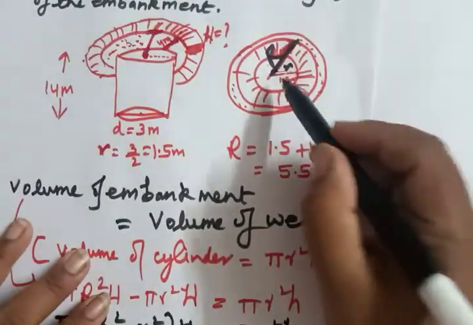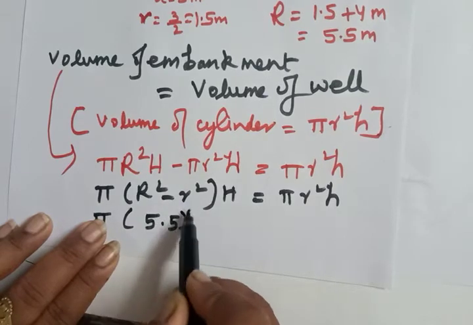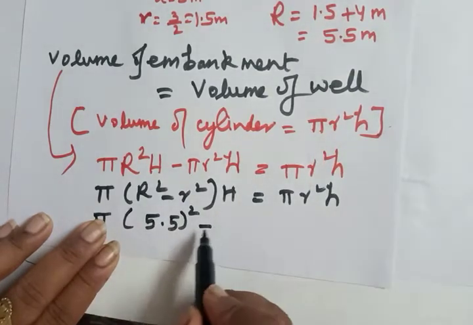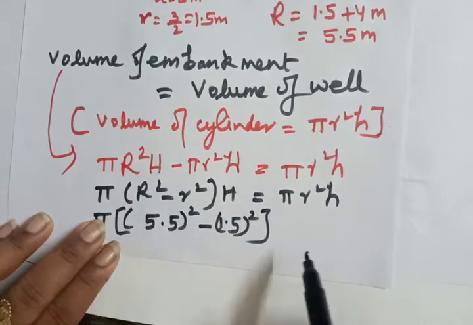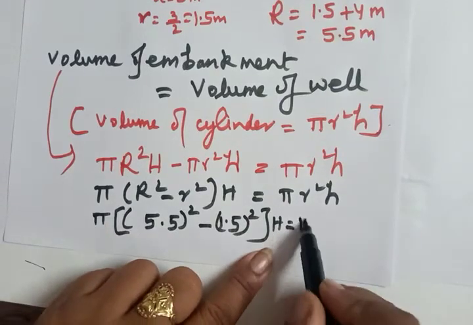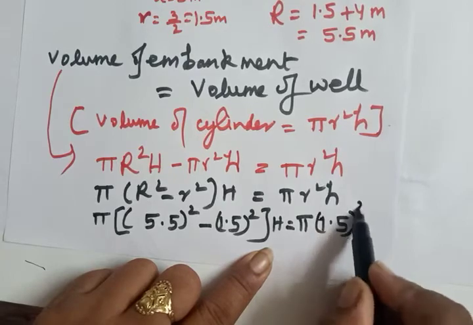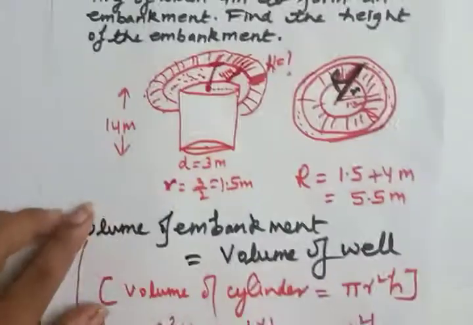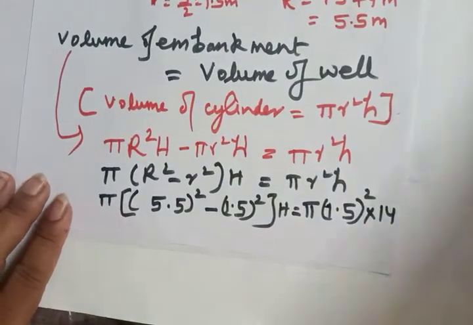So capital R is 5.5 square minus small r is 1.5 square, capital H is equal to pi and small r is again 1.5 square into h. What is the h? H is given to us, 40. Now we need to simply solve this.